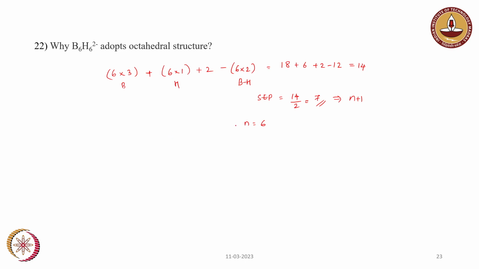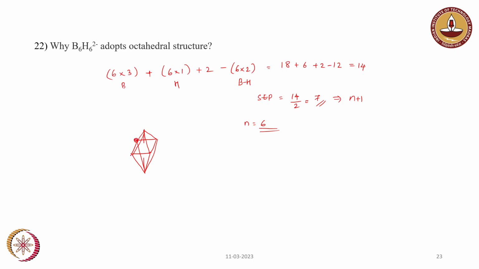So n is equal to 6, so we have a closo structure. A closo structure having 6 vertices will be an octahedron.